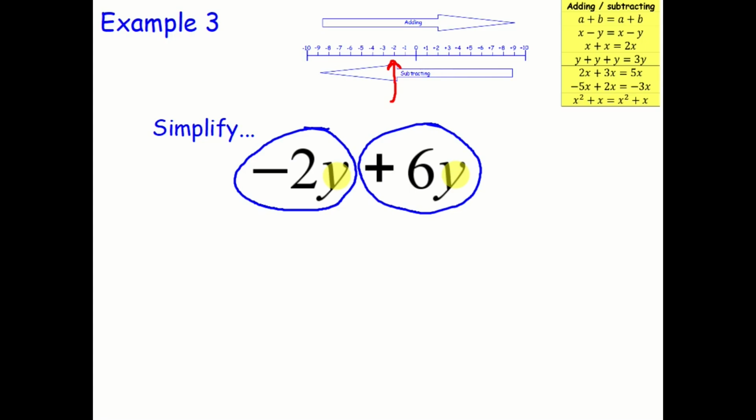So if you think about your number line, if you're adding 6, you're going to get to positive 4. So the answer is positive 4y. You could put the positive there, you don't need to, but I'm just putting it there for example purposes so that everyone knows it's not a negative. So positive 4y because we ended up here on the number line.